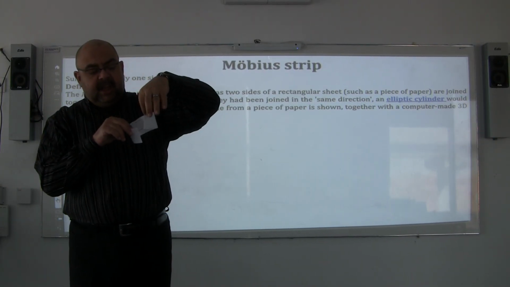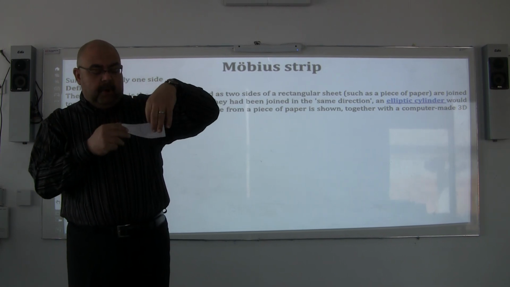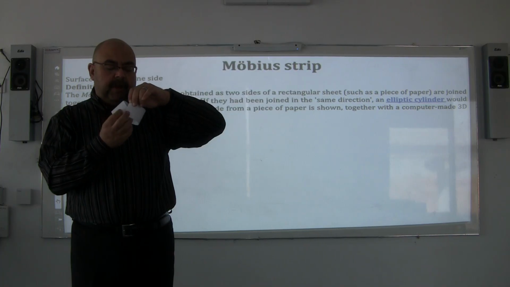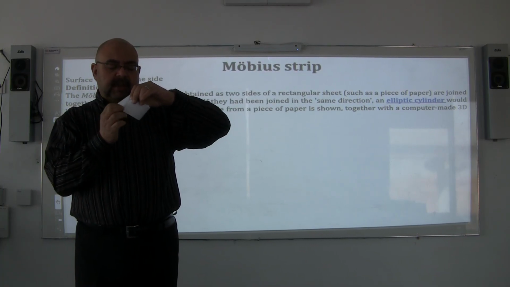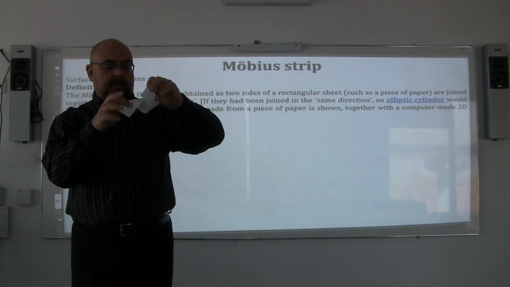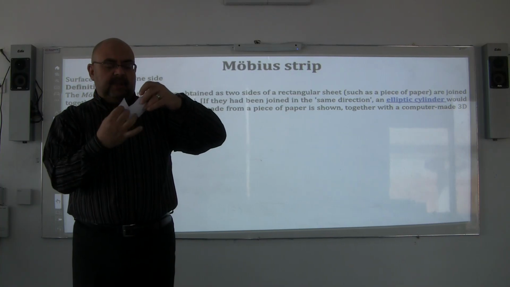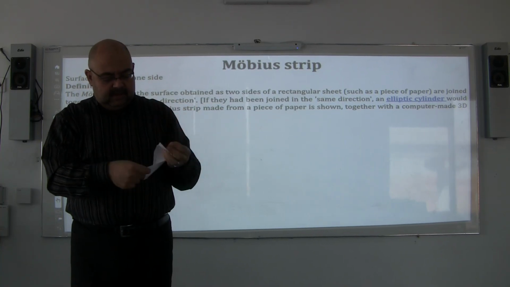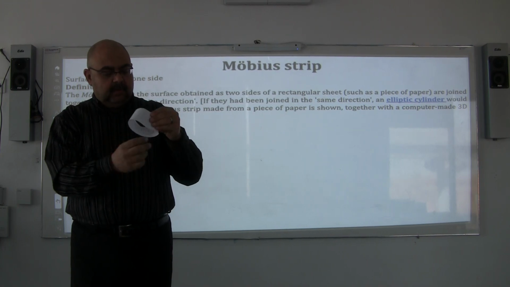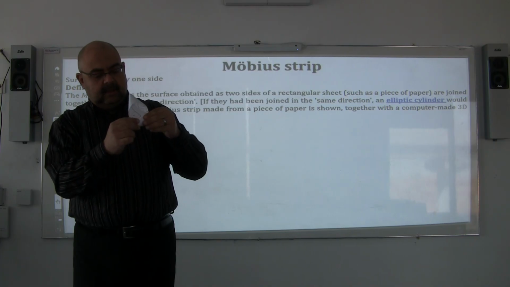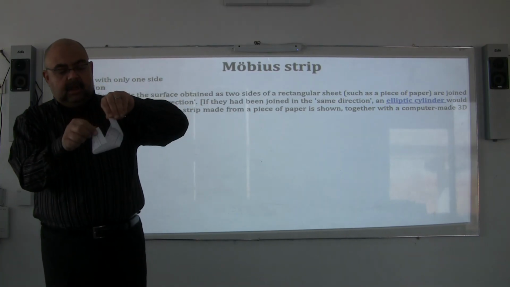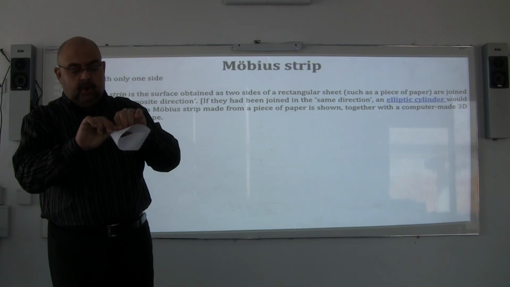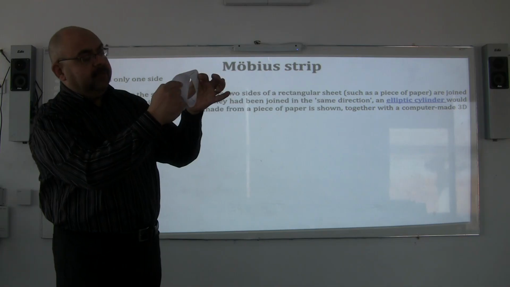For the Mobius, this is point A and that's point B. Just make a flip of 180 degrees in order to be able to put these strips together. So point B will be connected with point A. And this is the shape that we are talking about, the belt that we are talking about.